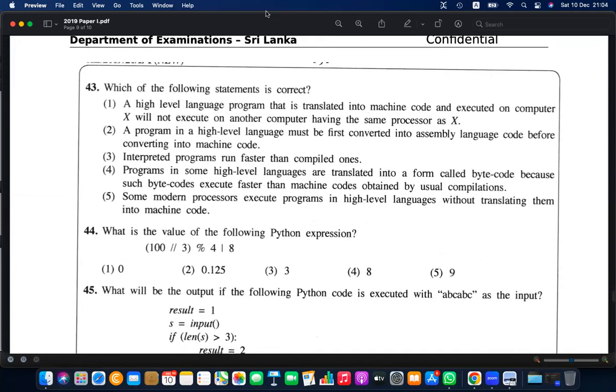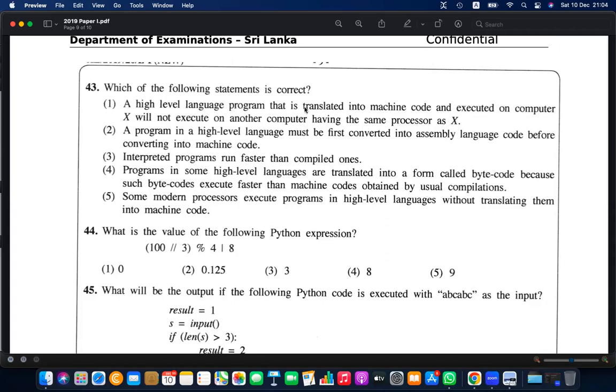Which of the following statements is correct? A high-level language program is translated into machine code and executed in a computer X. It will not execute on another computer having the same processor as X. So what is this X?